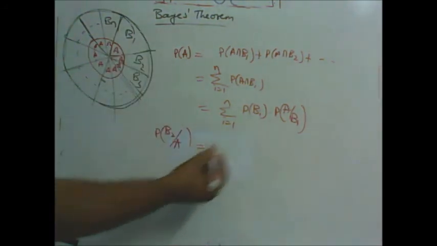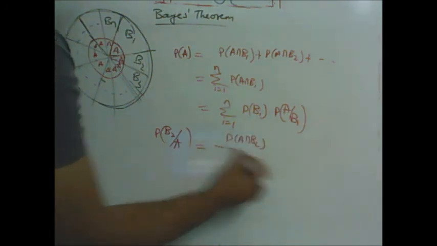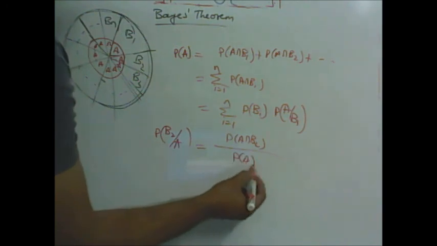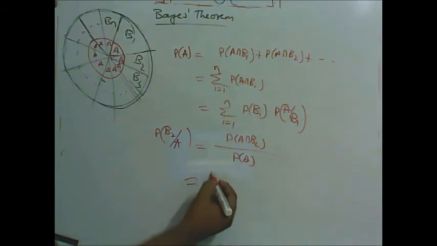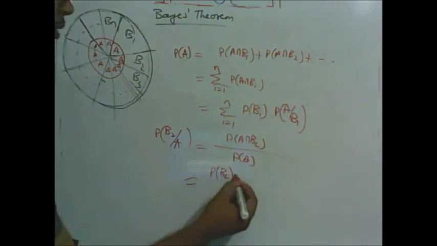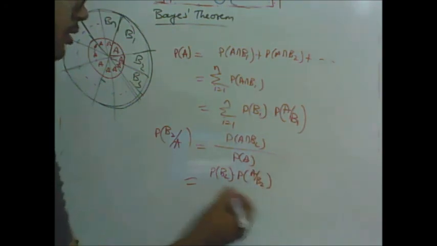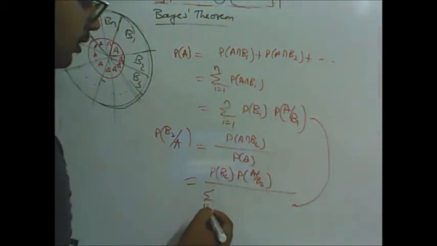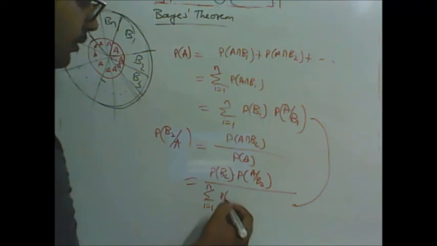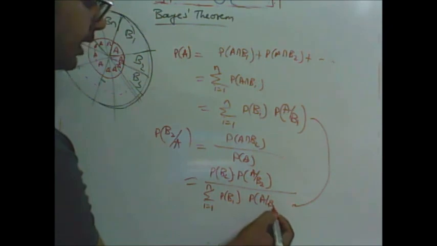This we already know: P of A intersection B2 divided by P of A, which is nothing but P of B2 into P of A given B2, divided by sigma i equals 1 to n of P of Bi into P of A given Bi.